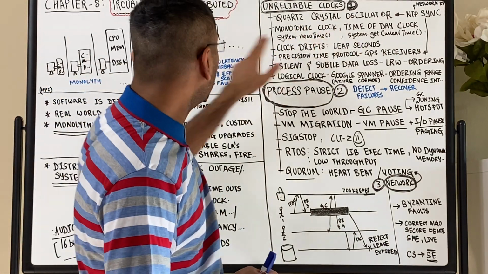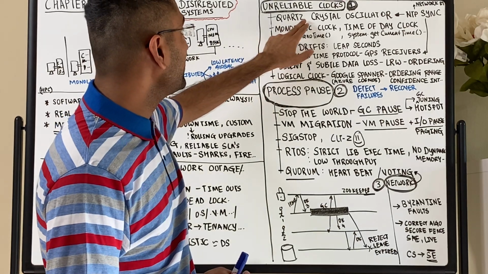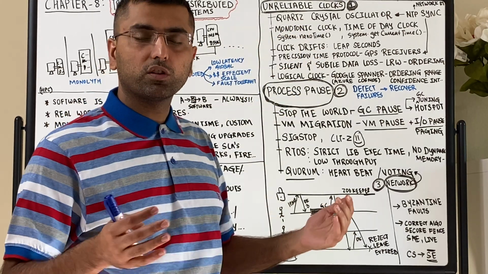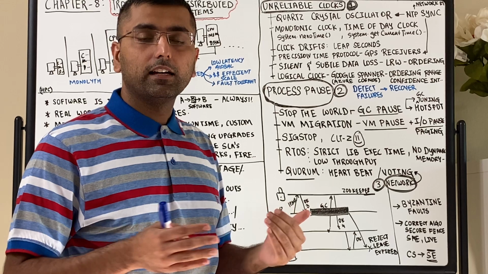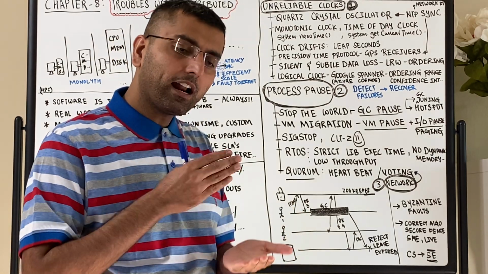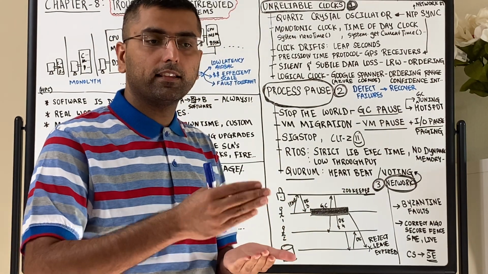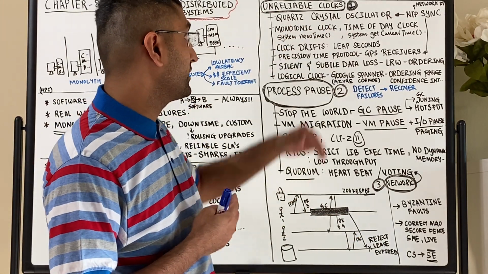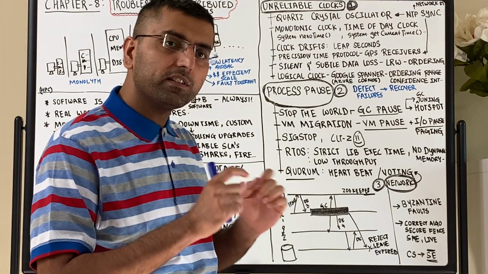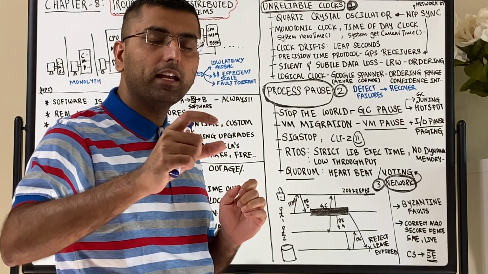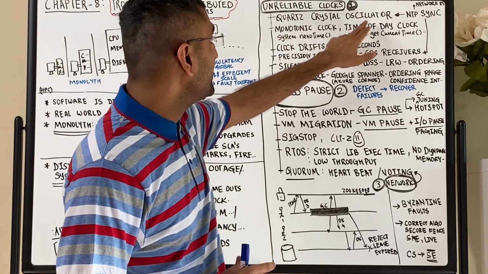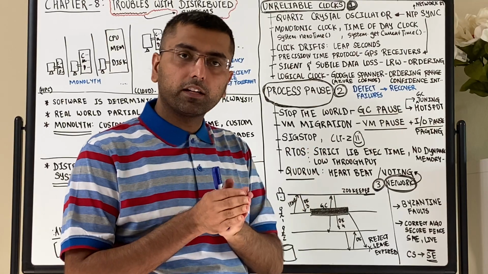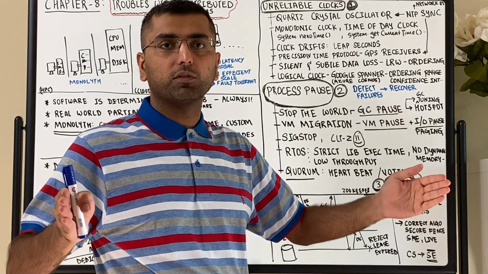But these are hardware parts that can drift, and they don't have perfect reliability. They're highly reliable, but they're all different quartz crystal oscillators, and those differences can exaggerate over time, so they need to be synced at some point so that everyone is on the same time.